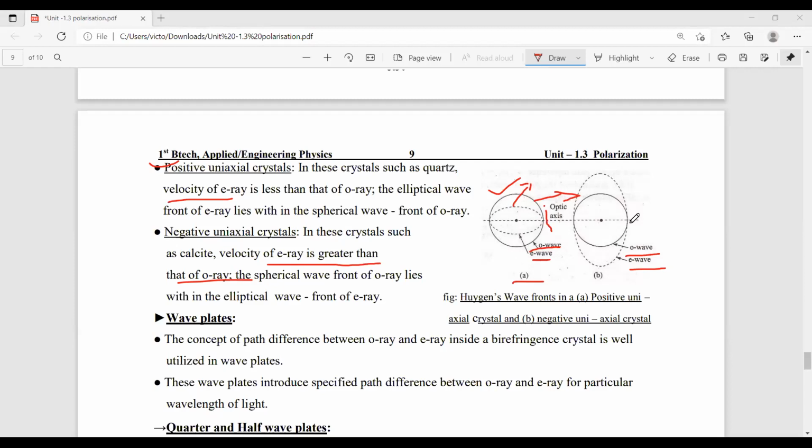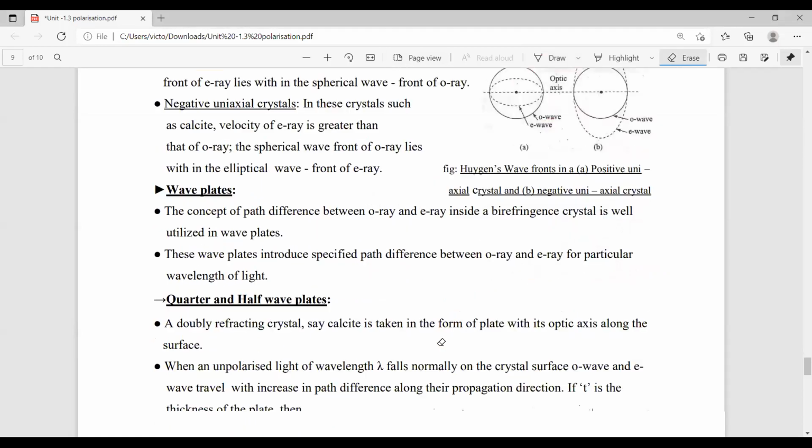If the velocity of E ray is more, then it is called a negative uniaxial crystal. Both are uniaxial crystals. Why they are positive and negative depends upon the velocity of the E ray and O ray. So this is about the positive and negative uniaxial crystals.